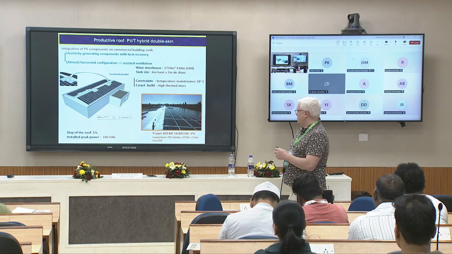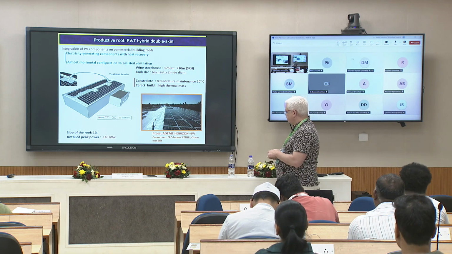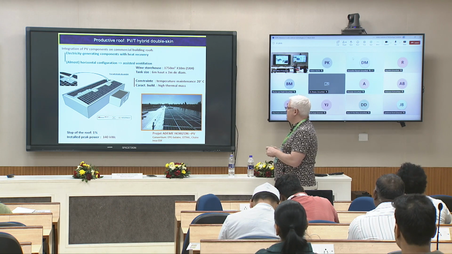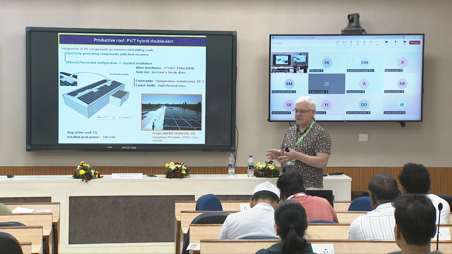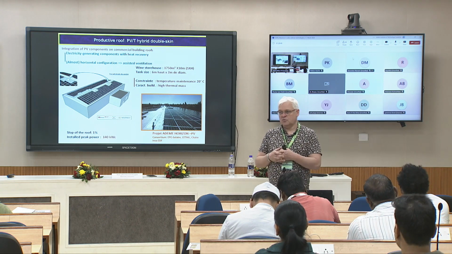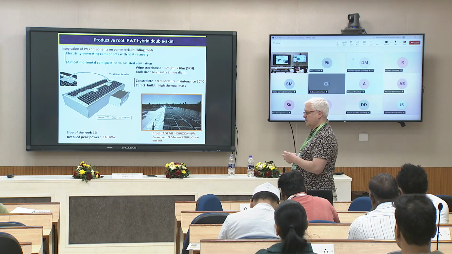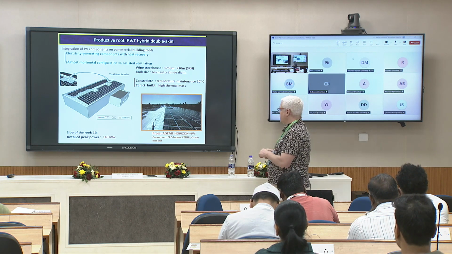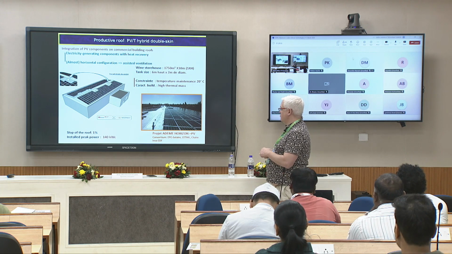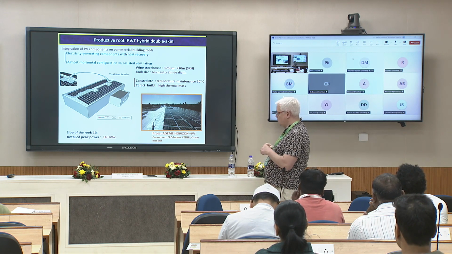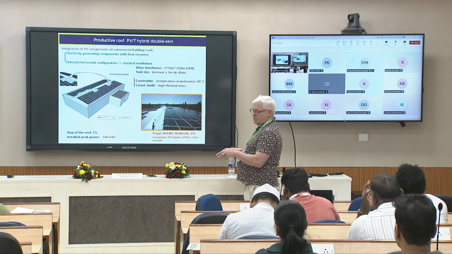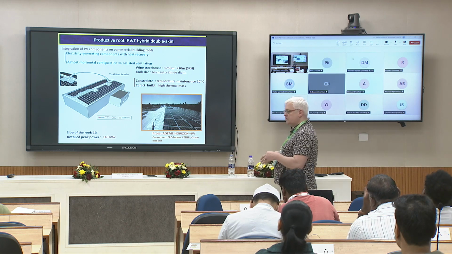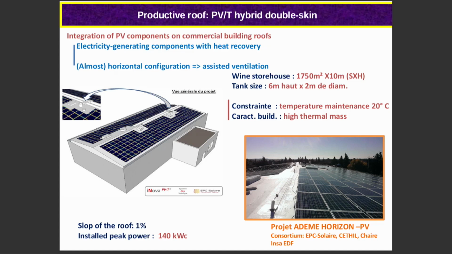But during winter, the temperature has to be between 14 and 18 degrees inside. It should be possible to reach that without a heating system, just by recovering the heat under the PV panels.